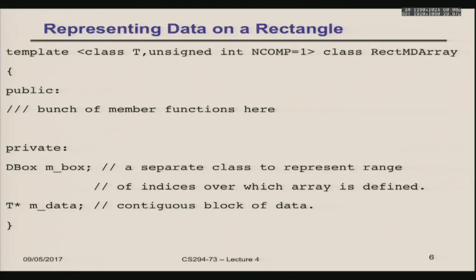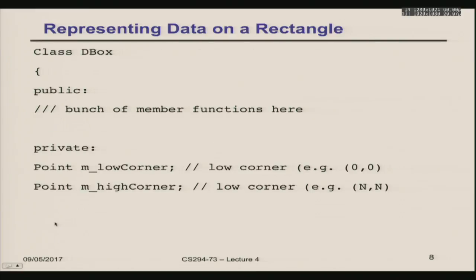Now, in order for this to be useful, I have to define what a box is. So let's kind of go down the rabbit hole. So here's class dbox, a bunch of member functions here. And how am I going to define it? I'm going to define it in terms of a lower left and upper right corner. So here we have m_low_corner. It's of type point. What's a point?